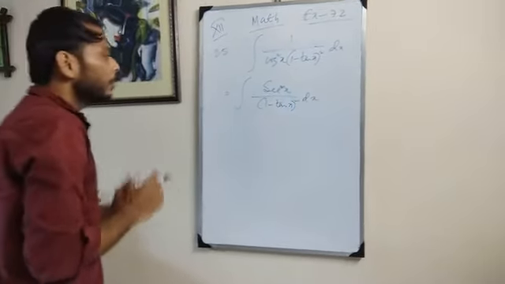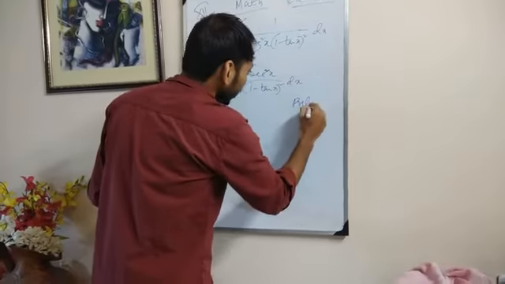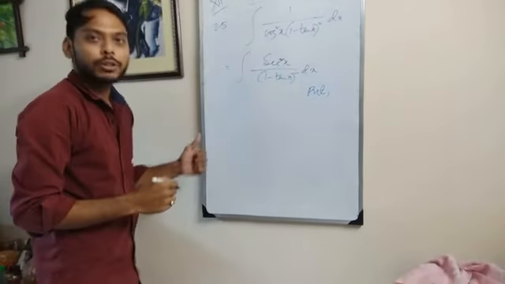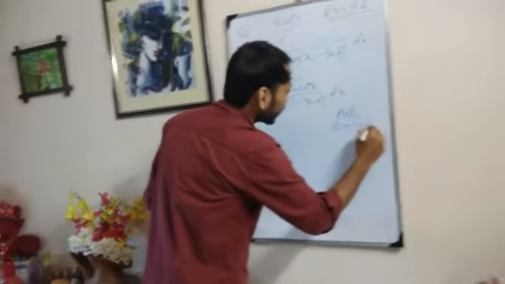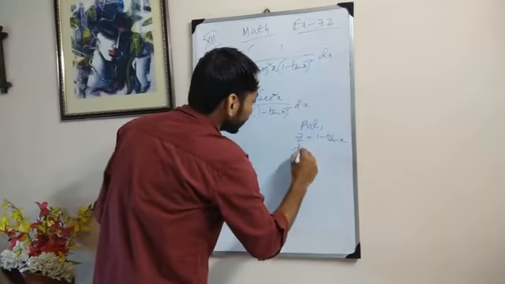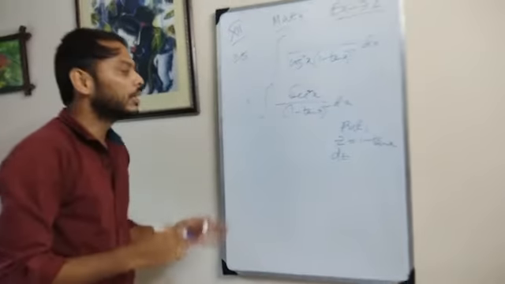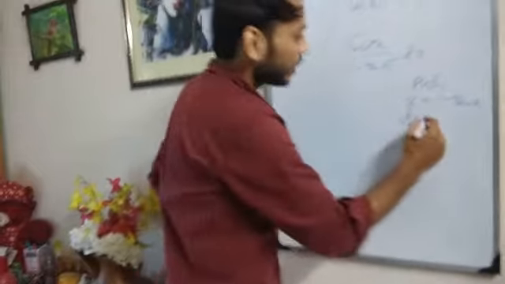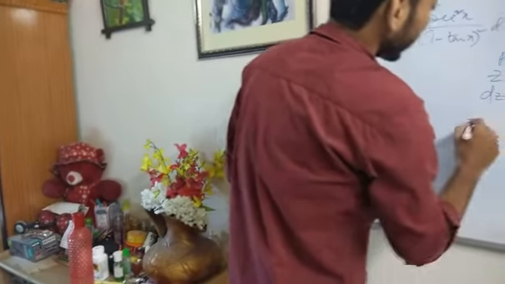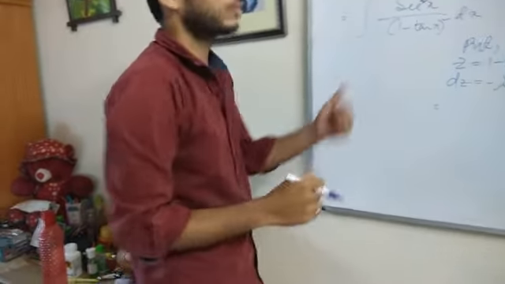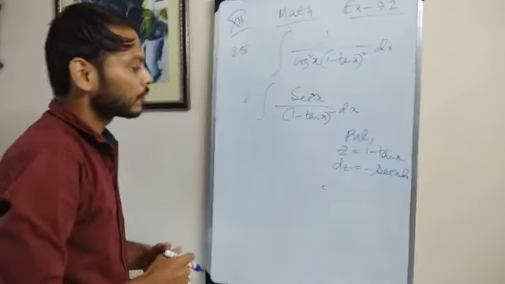Now we'll put z equals 1 minus tan x. Okay, so z equals 1 minus tan x. So after doing the differential, you get dz equals minus sec square x dx, because the differentiation of the 1 is 0, because it is constant.